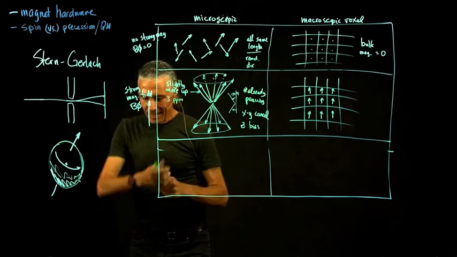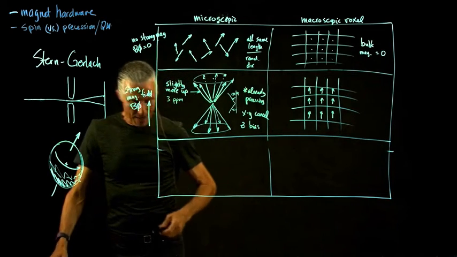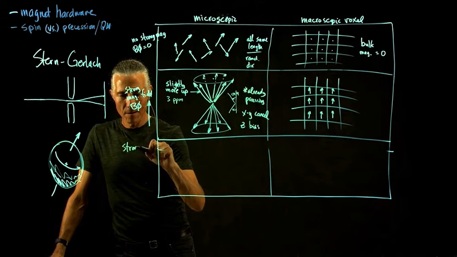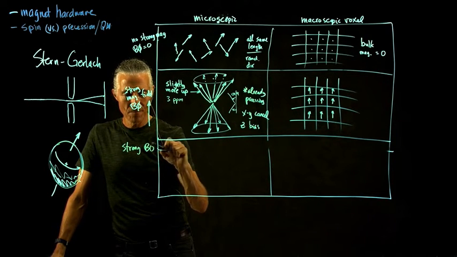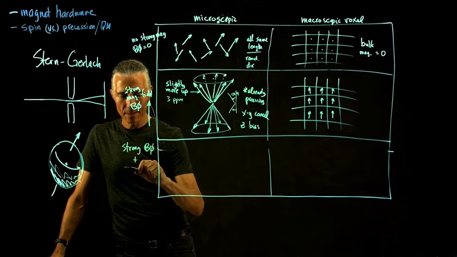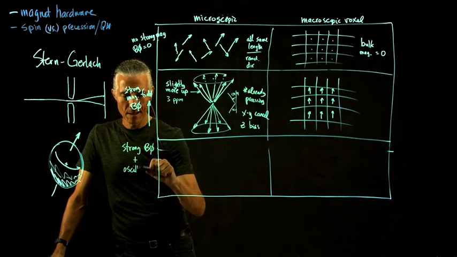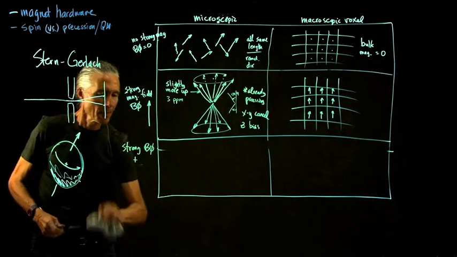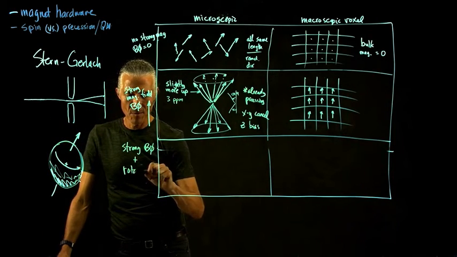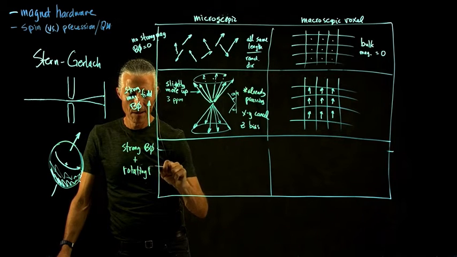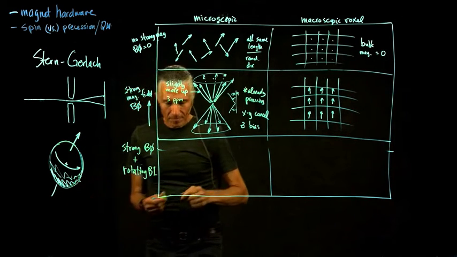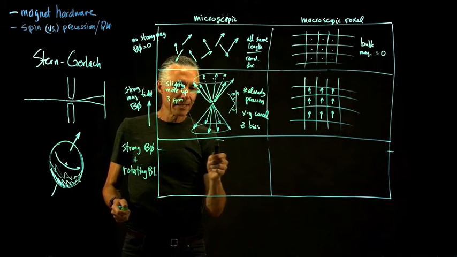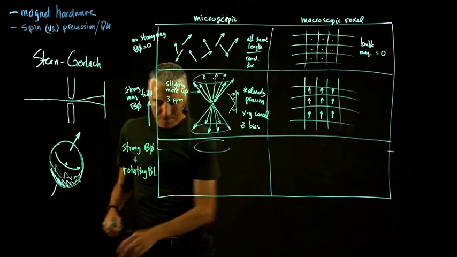Okay, so last but not least, what happens if we apply strong B0 plus an oscillating, rotating B1? Now you can sort of visualize this as you're causing them to bunch up.